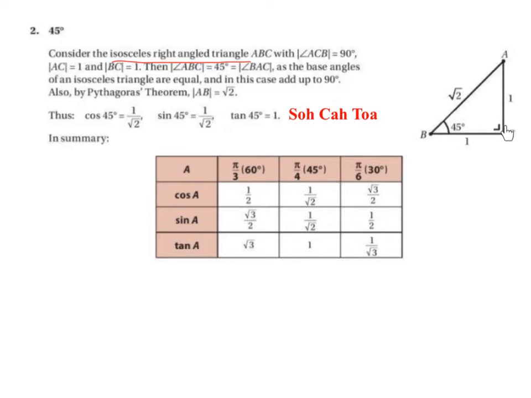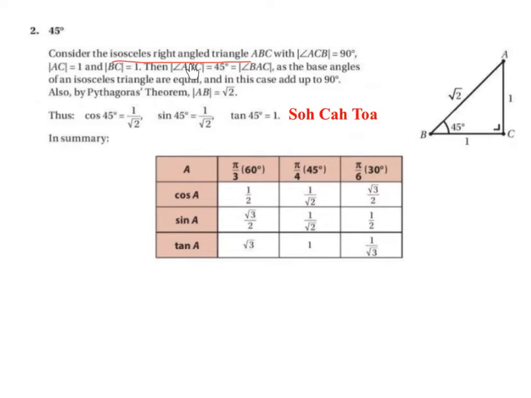BC is 1 unit, so it's an isosceles triangle. Then the angle ABC is 45 degrees, as is the angle BAC. So ABC, 45 degrees. BAC also 45 degrees, because 180, take away the 90, leaves us with 90, and divided by 2 is 45. So 45 and 45.